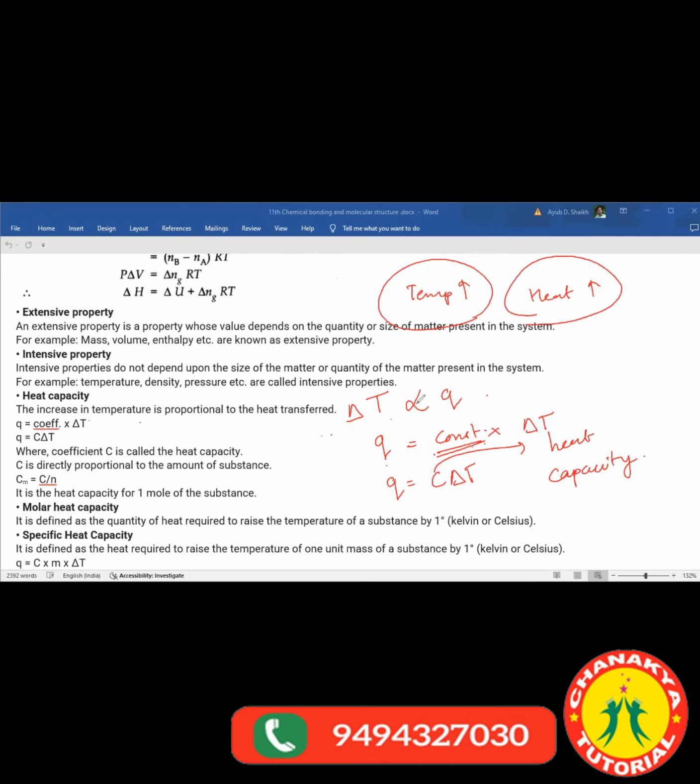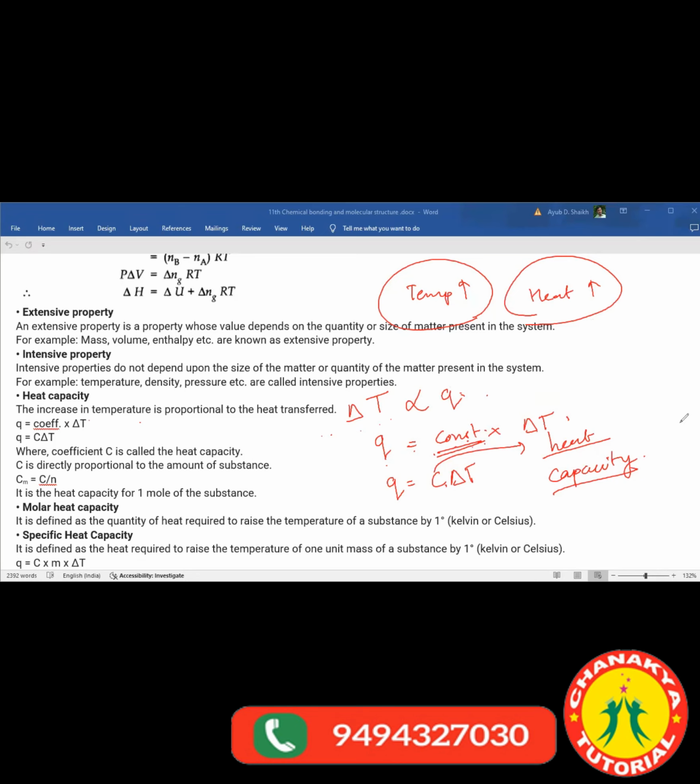So change in temperature is directly proportional to the transfer of heat, as delta T is directly proportional to Q. Because of that, Q is equal to a constant times delta T, and this constant term is denoted by capital C and called heat capacity. Clear?